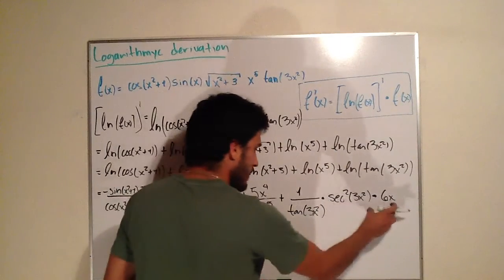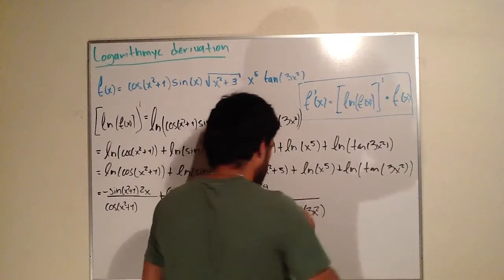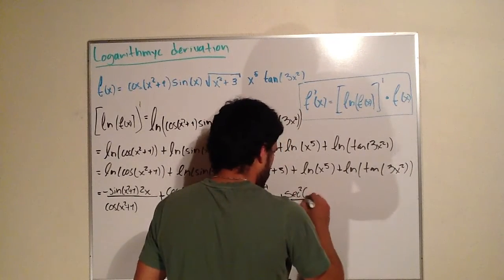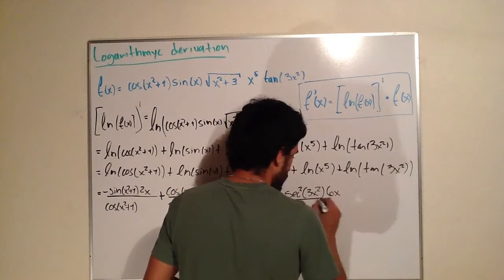So if we multiply this one by 1, we'll have secant squared of 3x squared plus 6x.